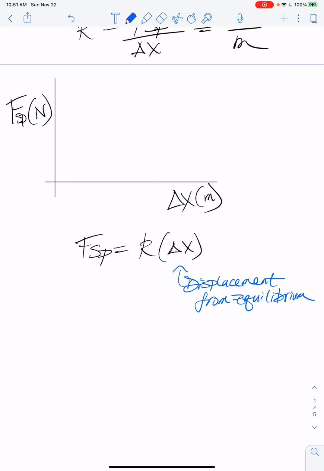And I guess if there was an object there, it would be of the object. So I'm going to write of the spring or object. We'll just go with that.